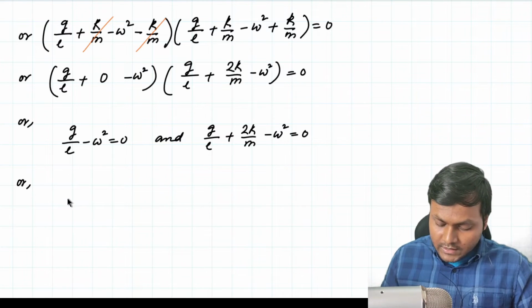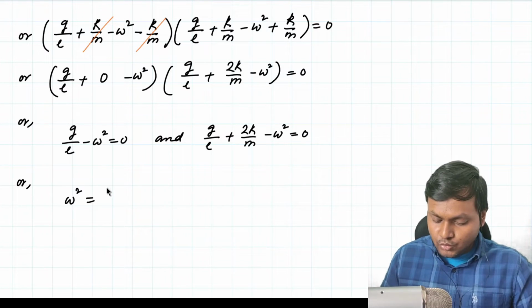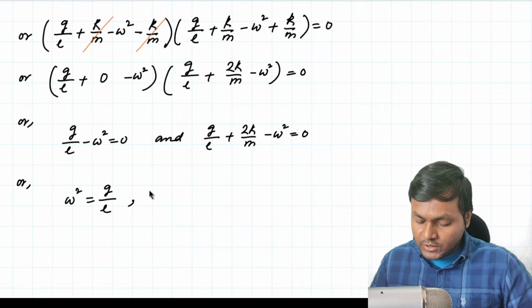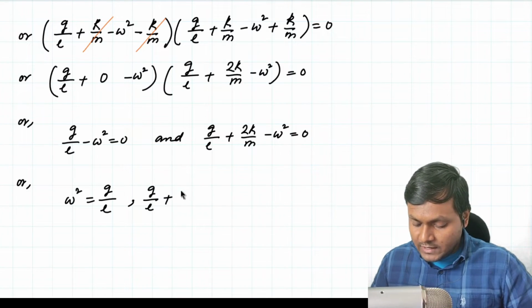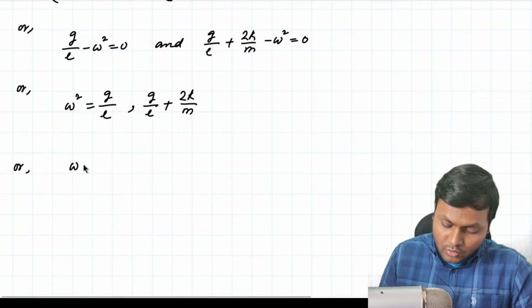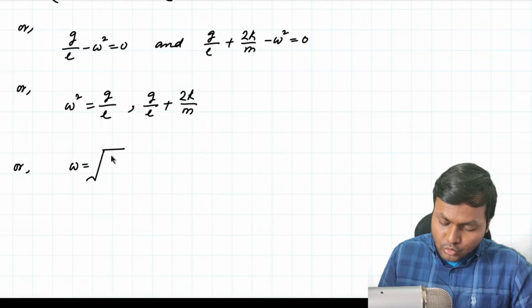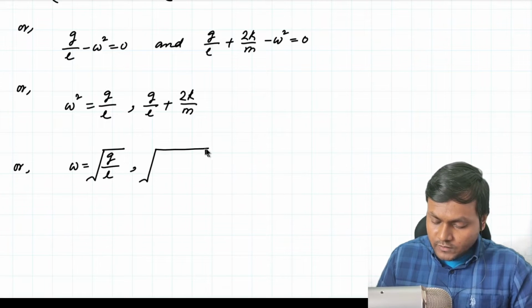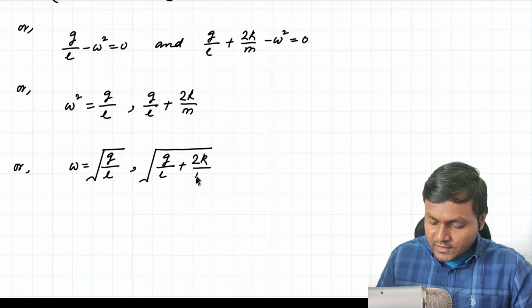So finally, omega square is equal to g upon L from the first expression, and omega square is equal to g upon L plus 2k upon m from the second expression. So the eigenvalues are omega is equal to root over g upon L and root over g upon L plus 2k upon m.